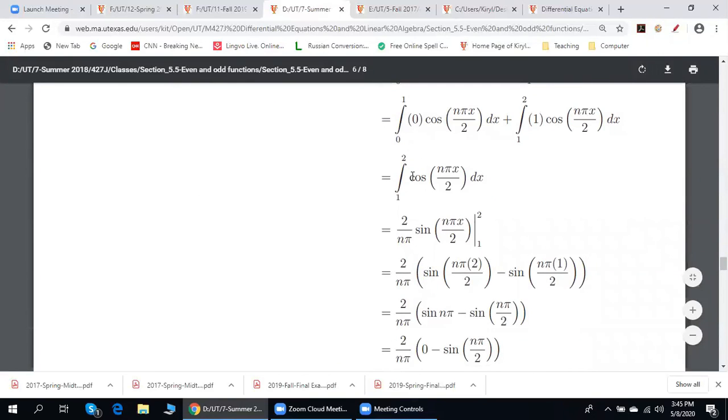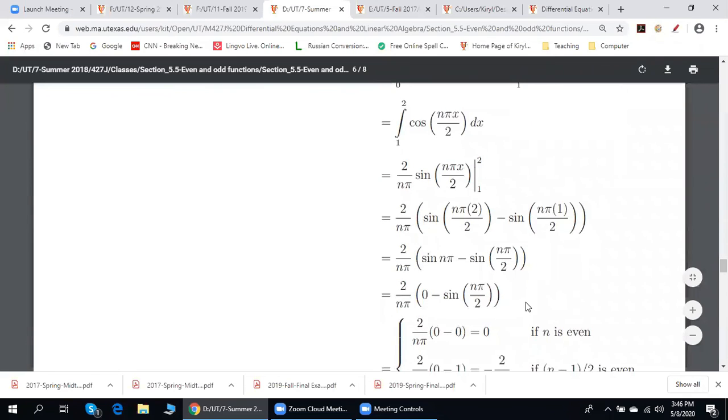By calculus 1, use substitution. Antiderivative of cosine of n pi x over 2 is 2 over n pi sine of n pi x over 2. We plug in 2 and 1, done. Cancel out 2 here. We just rewrite this as n pi over 2.